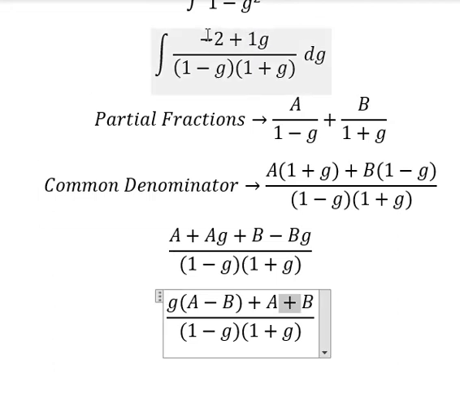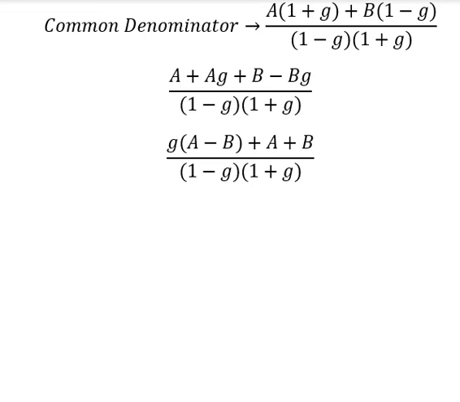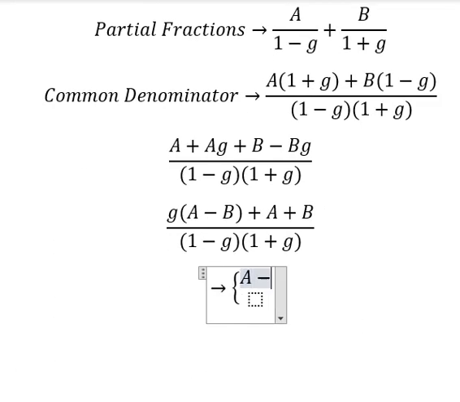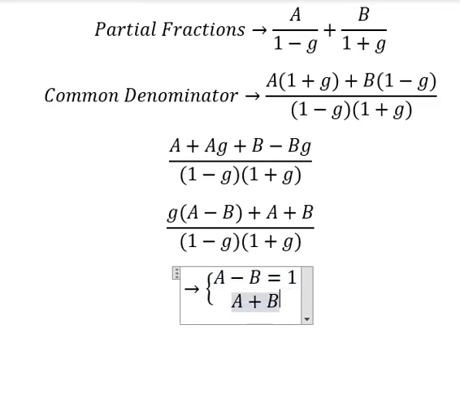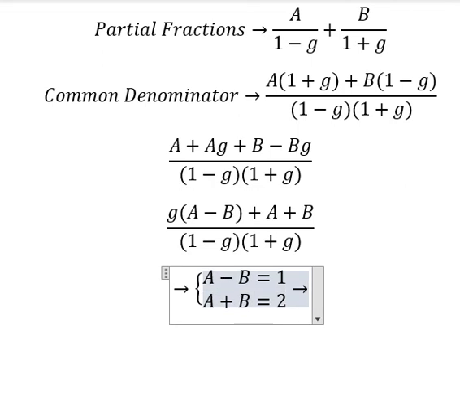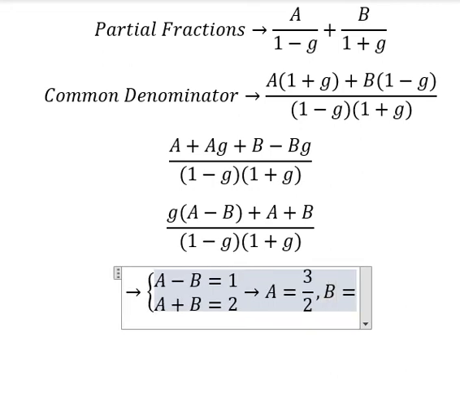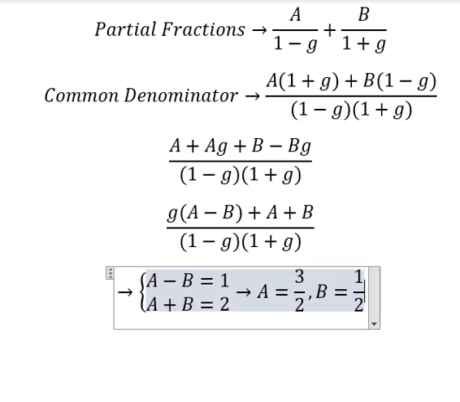This one equals to negative number 2. And now we create the system of equations. So we find the solutions of a and b. So a equals to 3 over 2, b equals to 1 over 2.